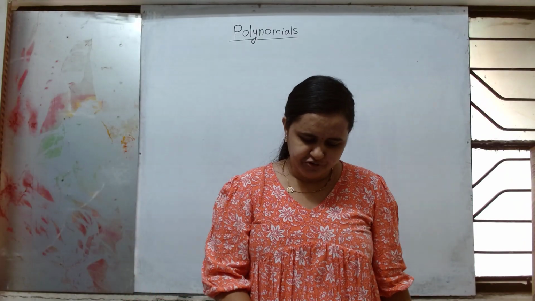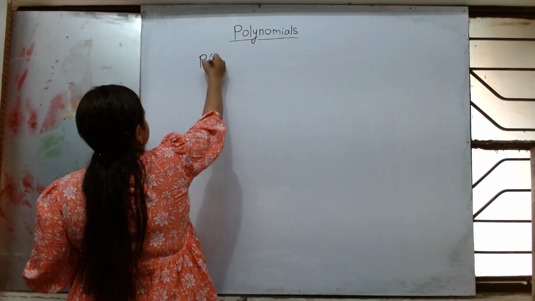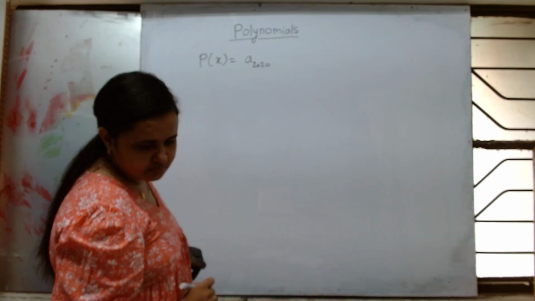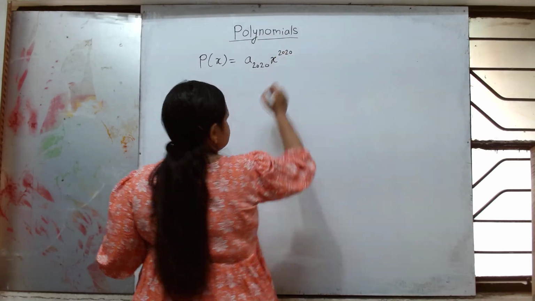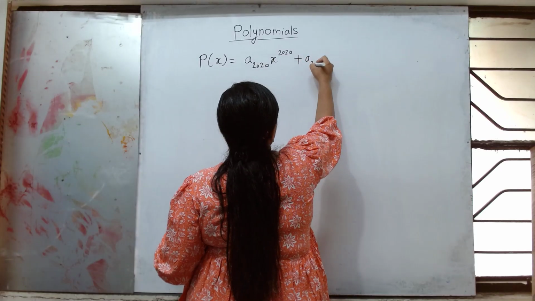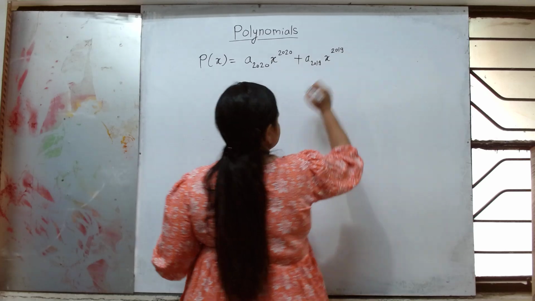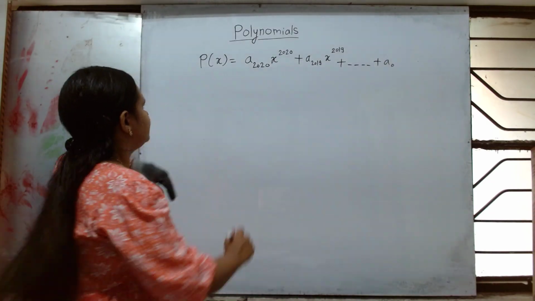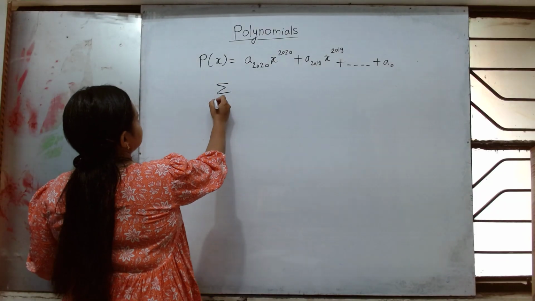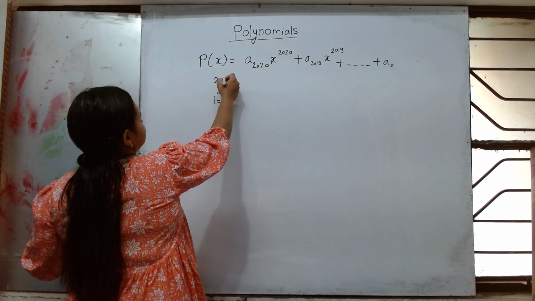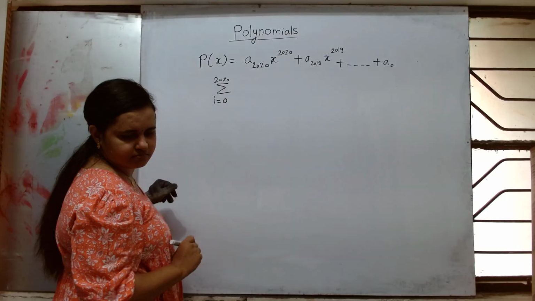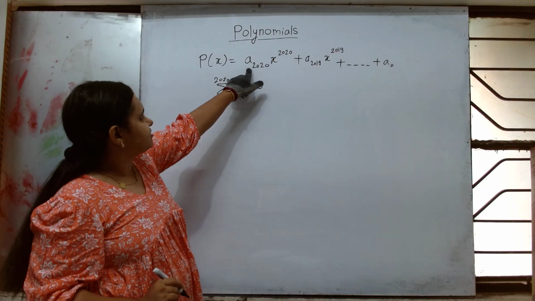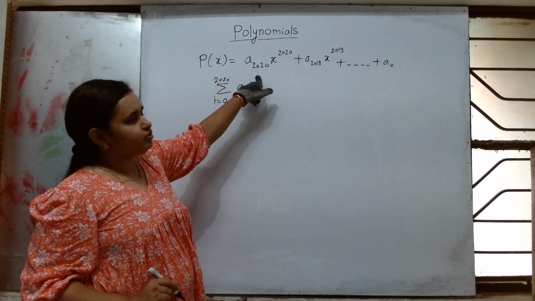Now 17th question. If p of x is given as this series, and summation of i equals 0 up to 2020, the coefficient of x to the power 2020 is a base 2020.